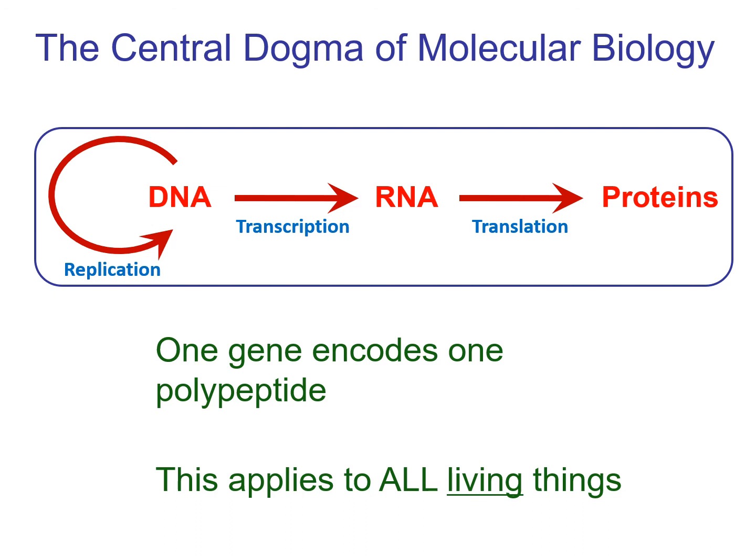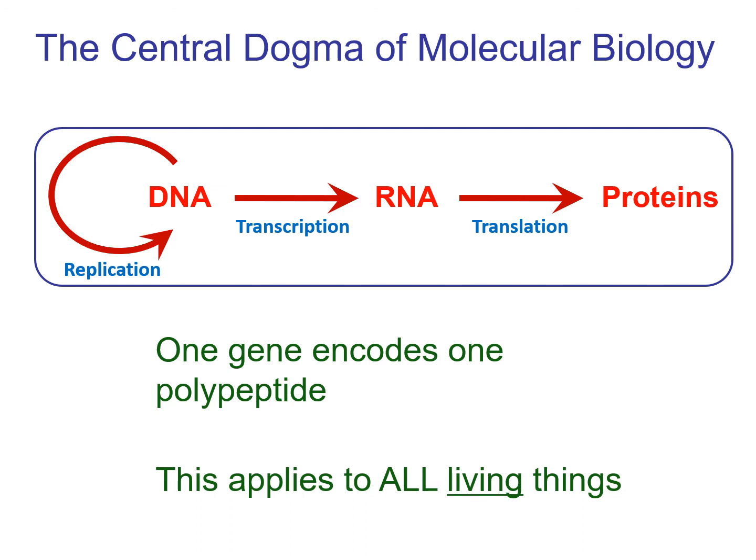So DNA can split into two strands, and then enzymes will come along and copy the existing strands to replace the second strand. And that's a replication of DNA. And that happens whenever a cell is getting ready to divide. Transcription is the process whereby the information found in DNA is used to make a copy in RNA.